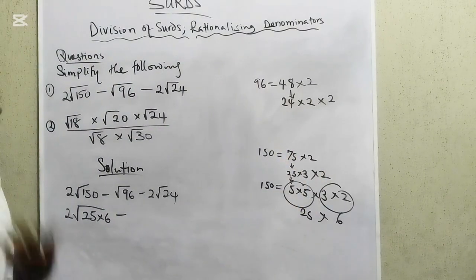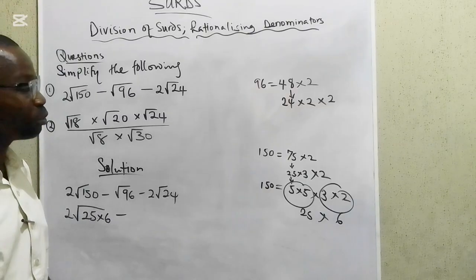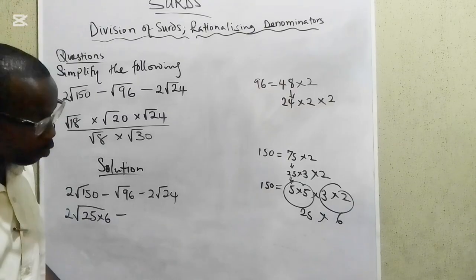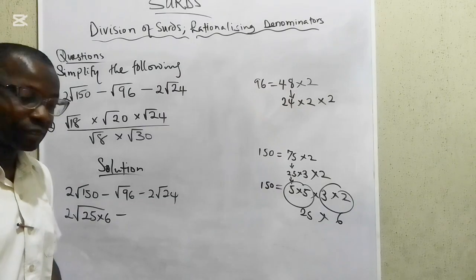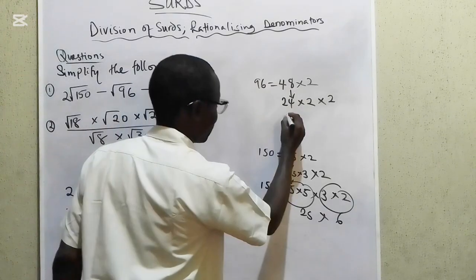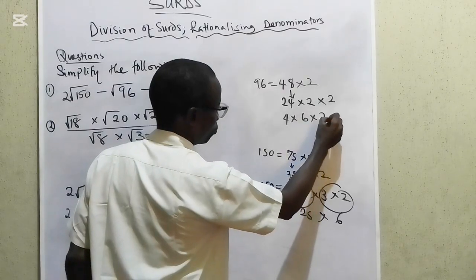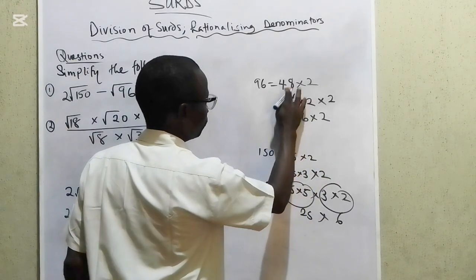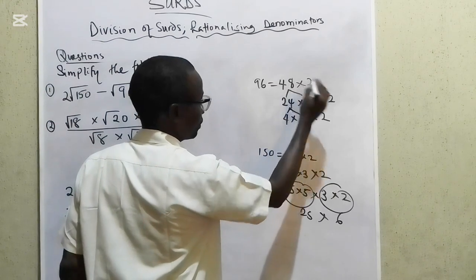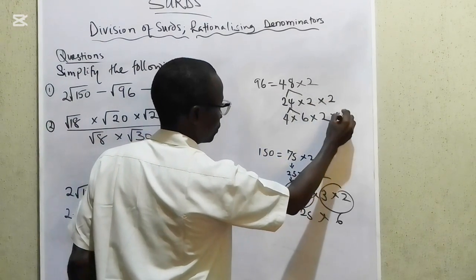Now, can 24 be further broken? I think so. So 24 can be broken down to 4 times 6. So this is it as saying 4 times 6 times 2. This 24 is 4 times 6, right? 48 is this times this, okay? Now this 2 is this, and this 2 is this.